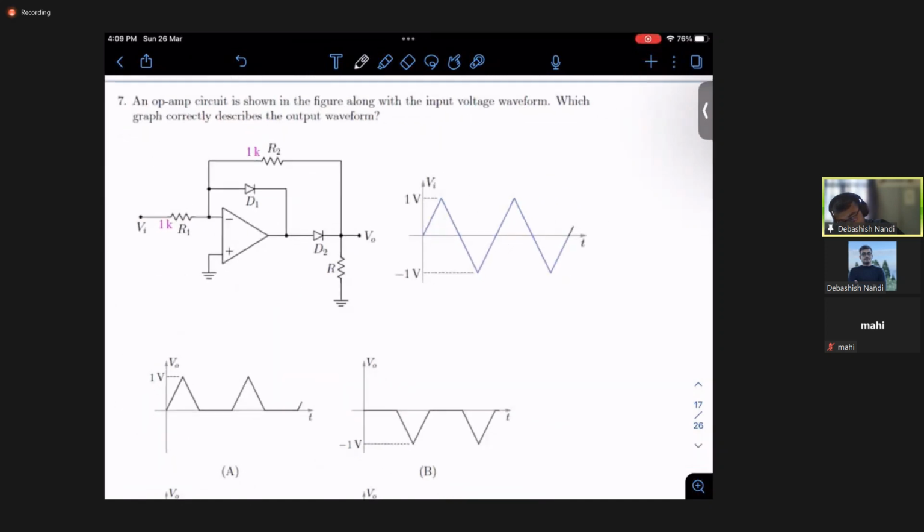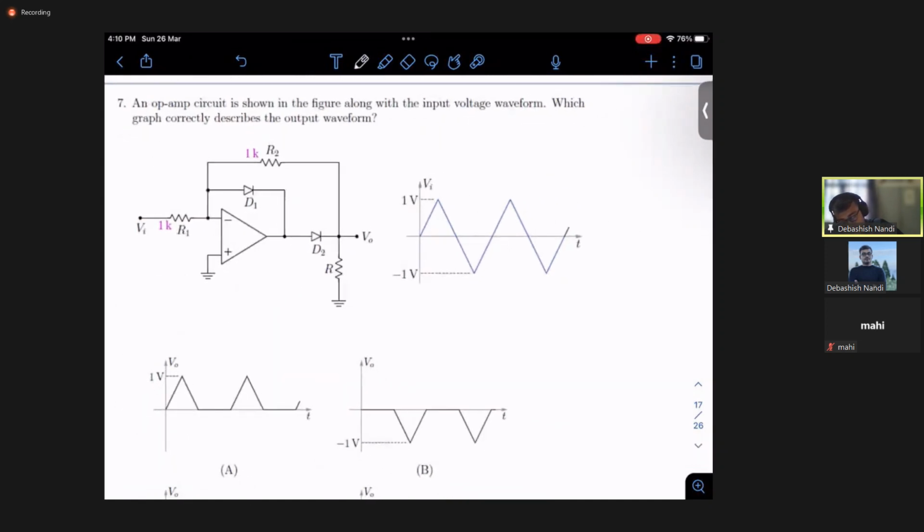First things first, at Vi equal to 0, this is 0. This will be off. This will simply be transferred to this. So my V out will be 0.